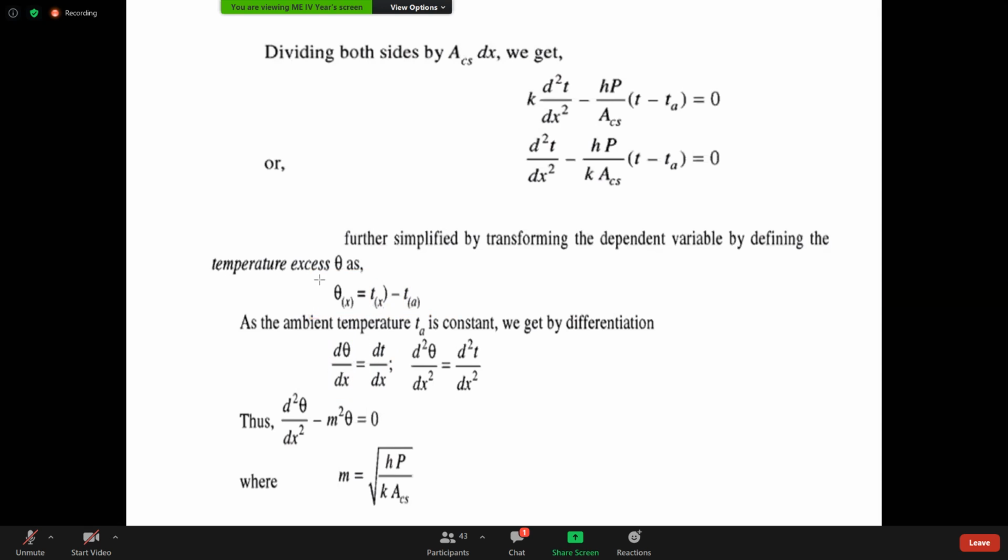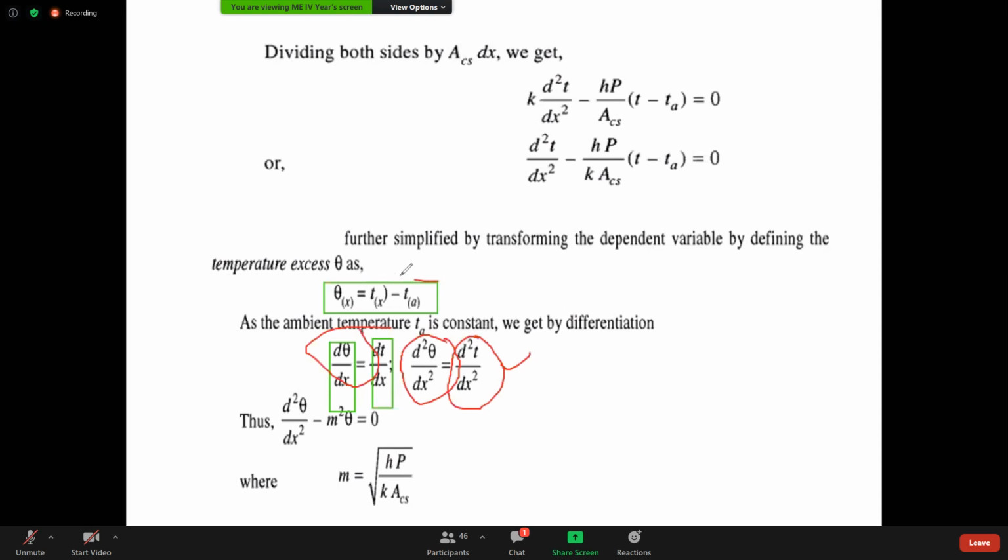So in place of dt by dx, I can write d theta by dx after differentiating this equation. Again, if I differentiate the same equation, then I get d square theta by dx square.